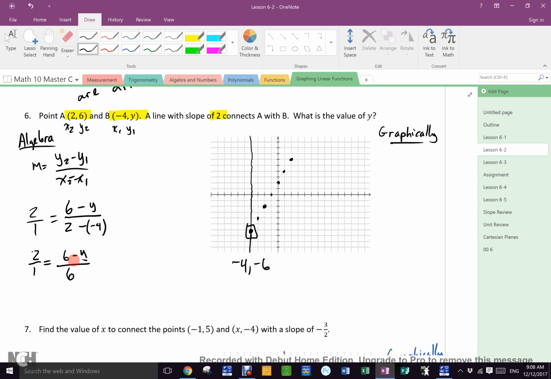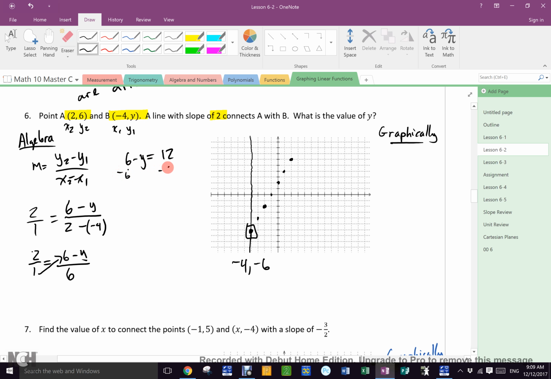You all call it the same thing, even though that's not really what you're doing. It starts with a C, it ends with a Y, and has Ross multiplication in the middle of it. What is 1 times 6 minus y? 6 minus y equals, what's 6 times 2? 12. How do I get y by itself?